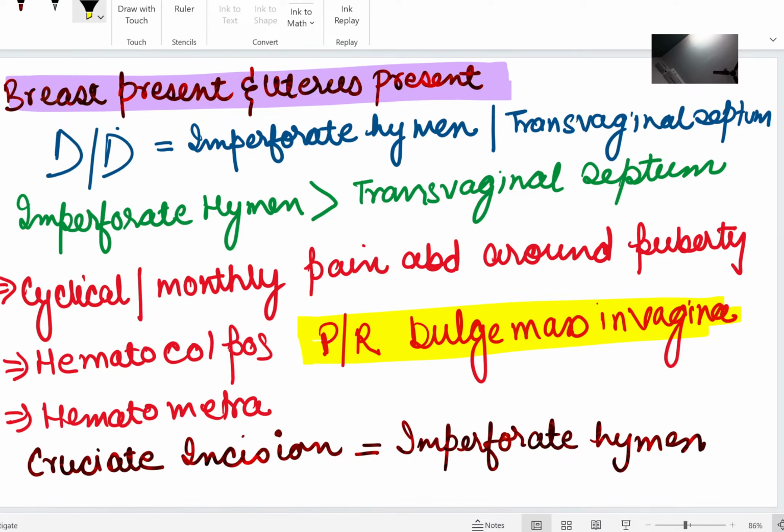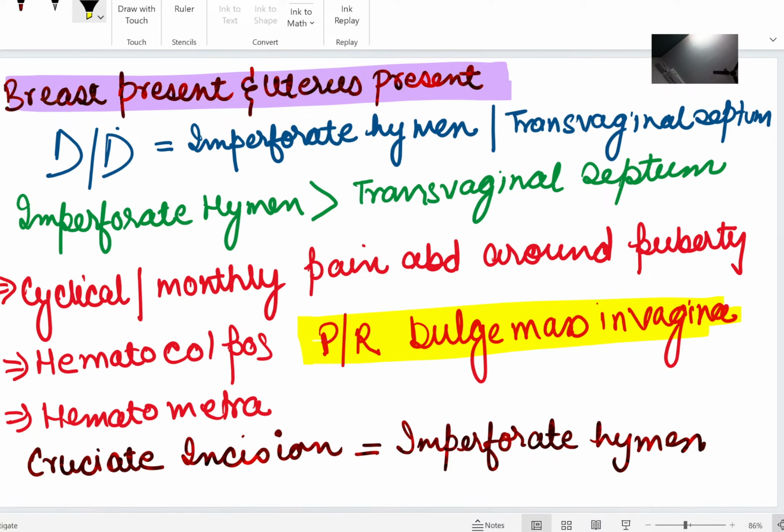What is your per rectal finding? Can anybody tell me? On per rectal examination, there will be a bulging mass in the vagina due to hematocolpos. Hematocolpos means blood in the vagina.